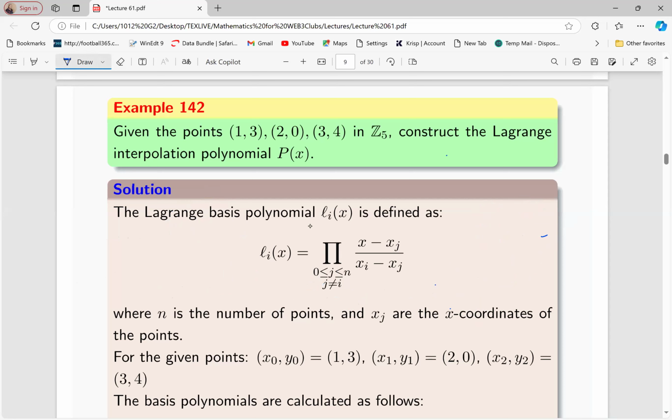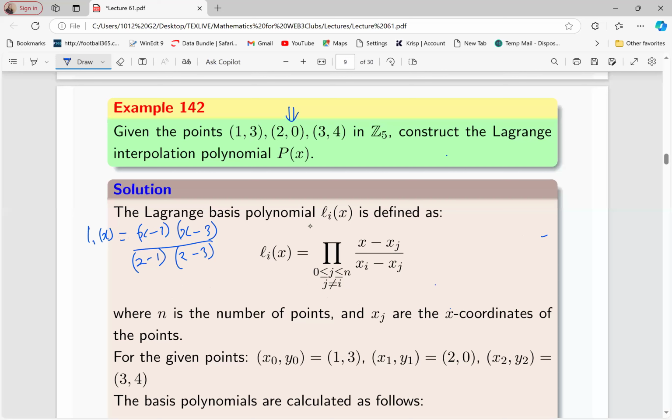So L1 of x then becomes, we are considering this point, so it will be x minus the other x values. Then for the point under consideration, we take 2, the x coordinate, subtract 1, then subtract 3 again.